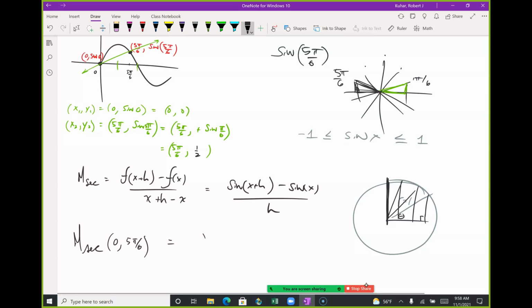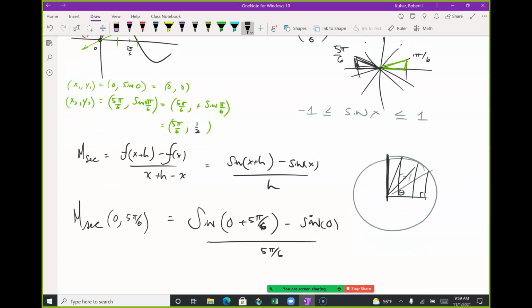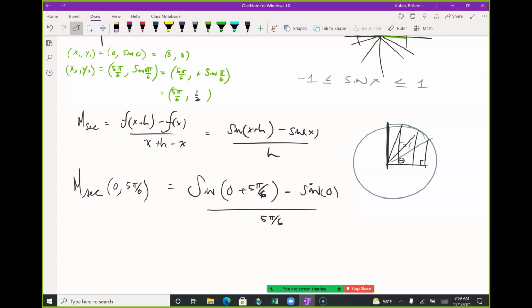So I can simplify this really as sine of 0 plus 5 pi over 6 minus sine of 0 all over 5 pi over 6. Everybody with me? Yes. Good. So I get sine of 5 pi over 6 minus 0 over 5 pi over 6. I'm just simplifying.